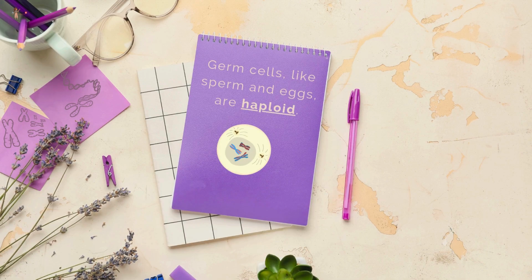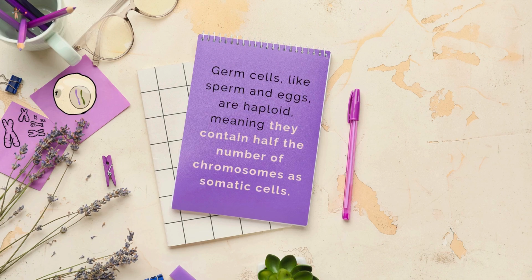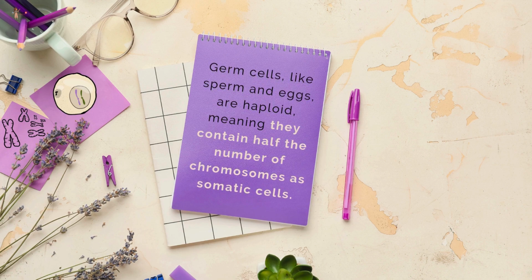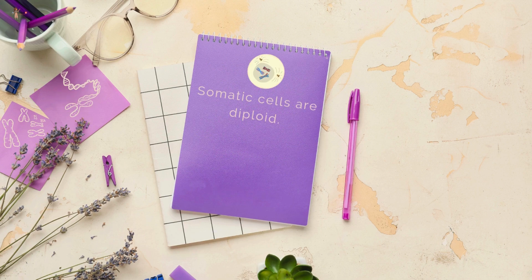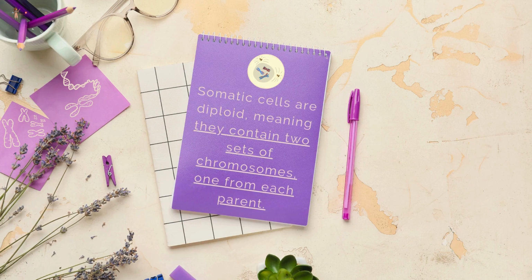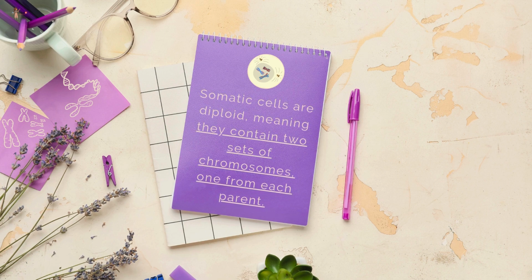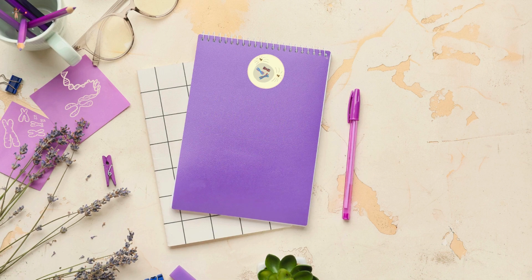Germ cells like sperm and eggs are haploid, which means they contain half the number of chromosomes as somatic cells. Somatic cells, on the other hand, are diploid. They contain two sets of chromosomes, one from each parent.